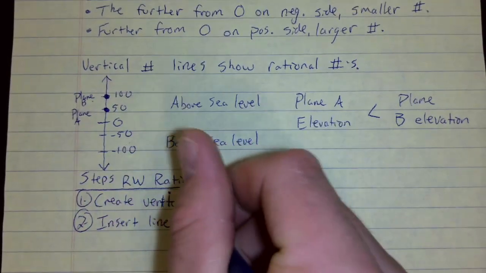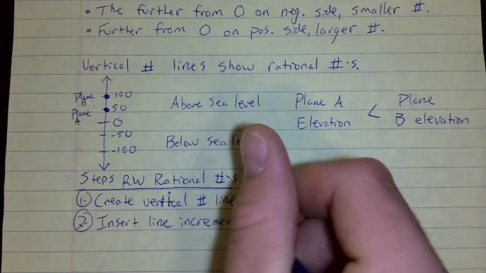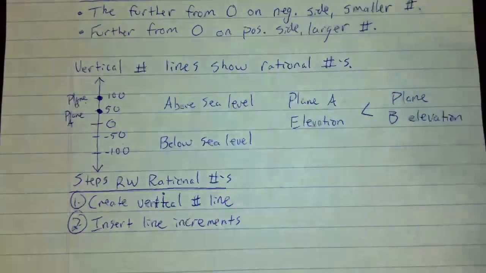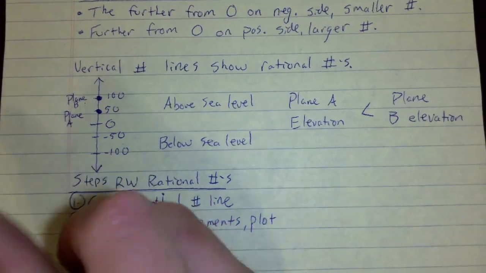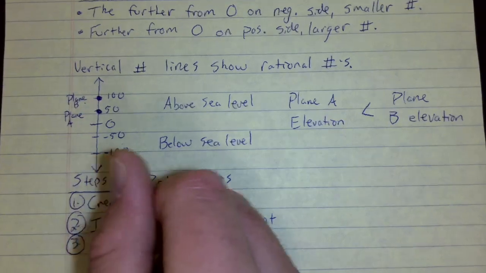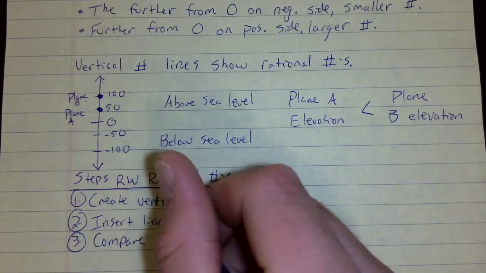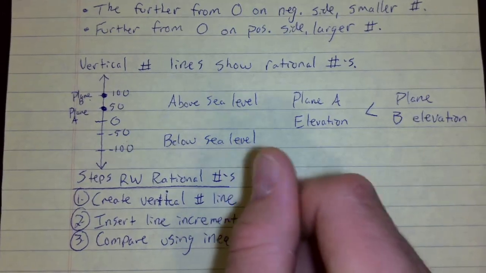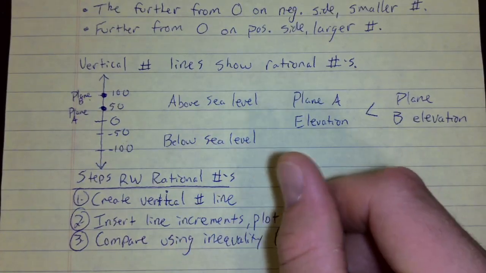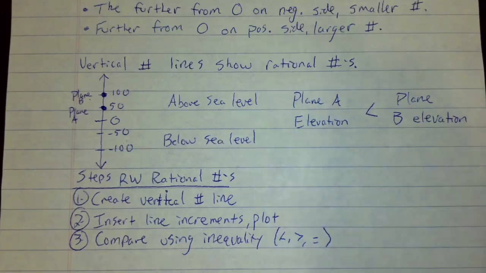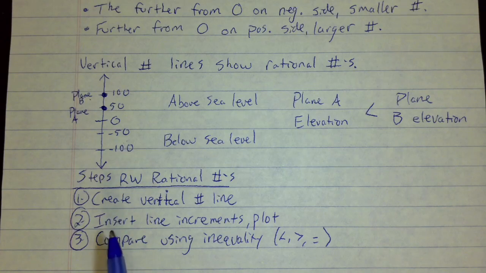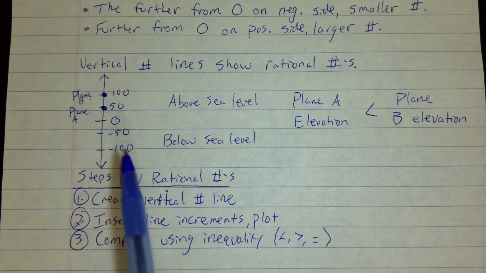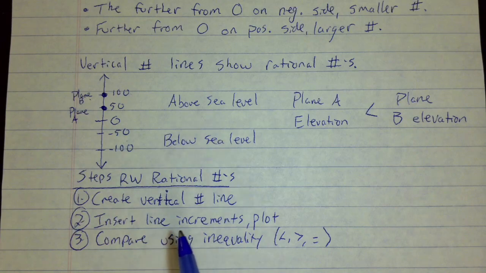How many increments did you go up or down by on your number line? And of course, just plot. Lastly, step 3 is to compare using an inequality, which is a less than, greater than, or equal to. So step 1 is create your vertical number line, step 2 is insert your line increments, whether it's up by 50, 100, or 10, and plot. Then compare using an inequality.